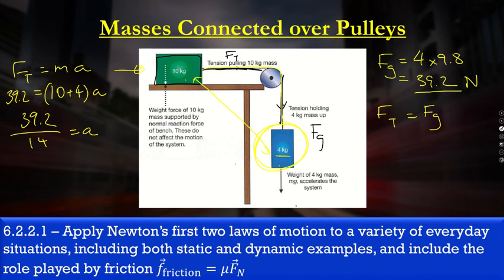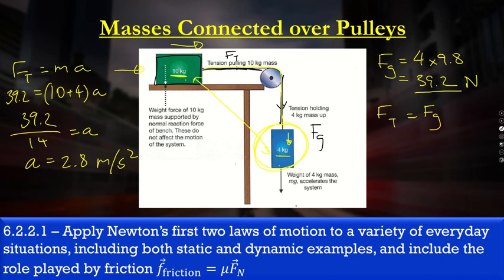So the net acceleration experienced by both these objects is 2.8 meters per second squared. In this case, the 10 kg block is going to the right. In the case of our 4 kg block, it is going down at 2.8 meters per second squared.